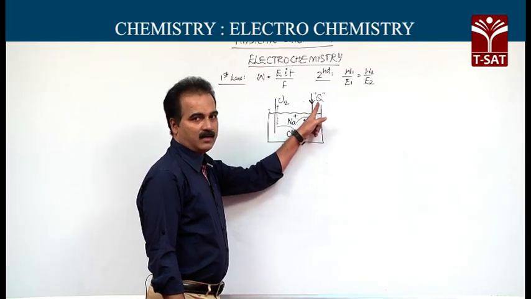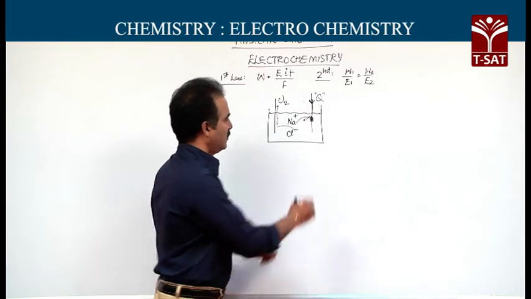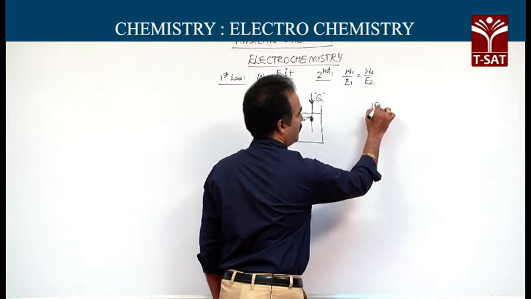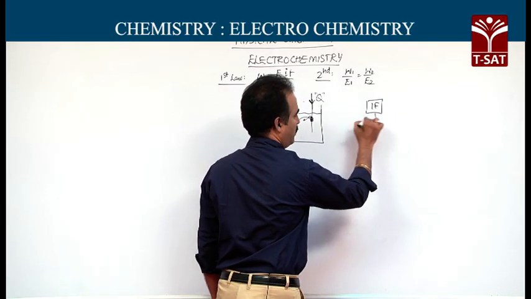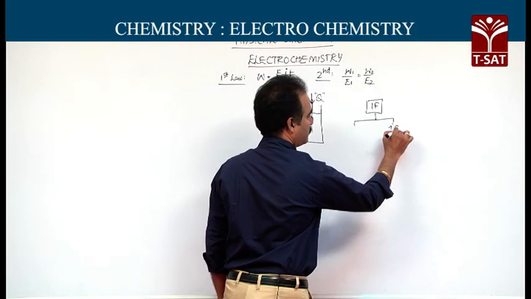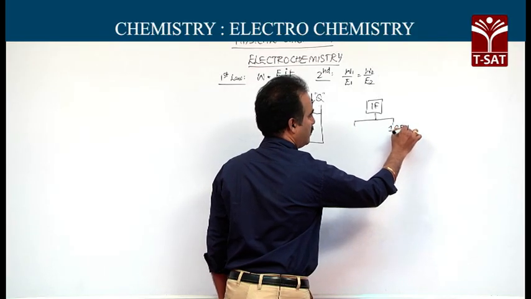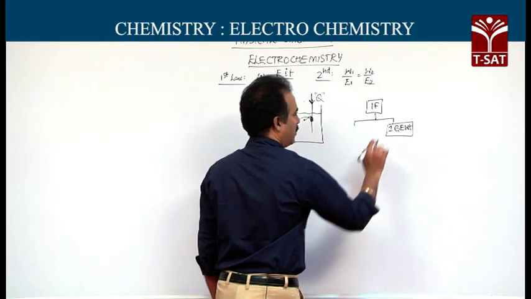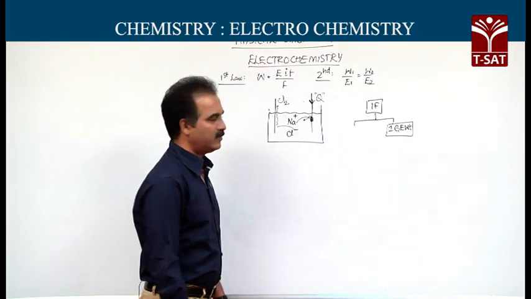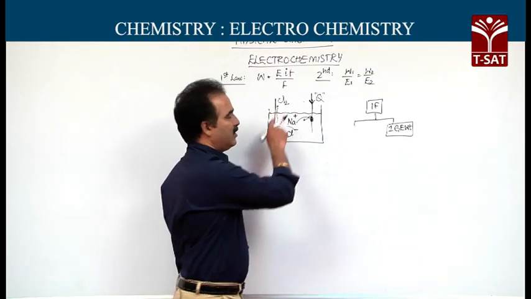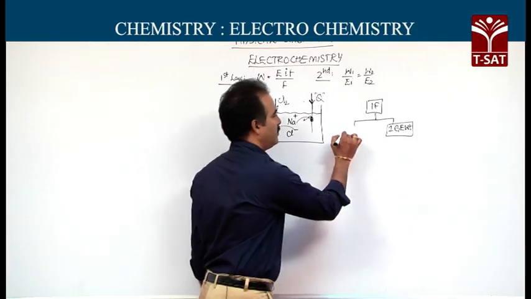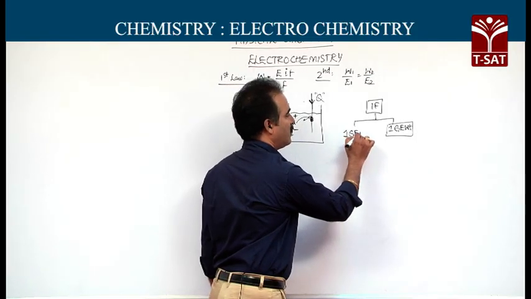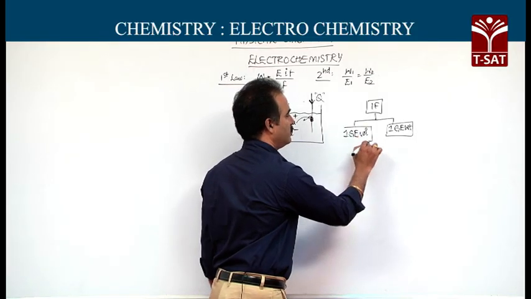As per Faraday's first law, 1 Faraday will deposit 1 gram equivalent weight of the metal at the cathode, and if a non-metal is liberated as gas, it will liberate 1 gram equivalent volume.